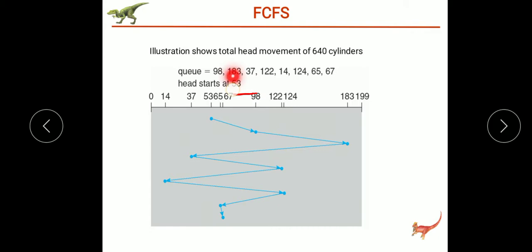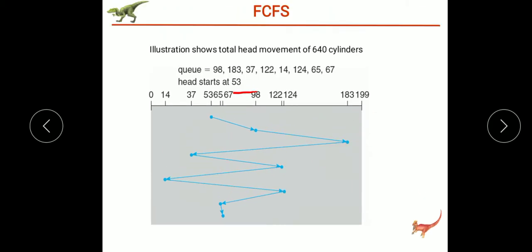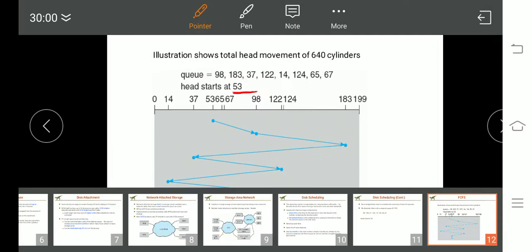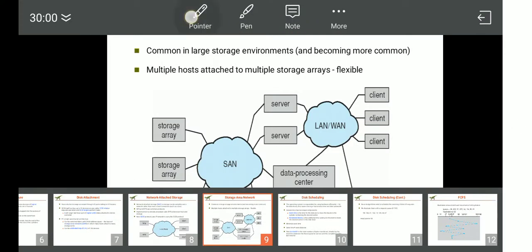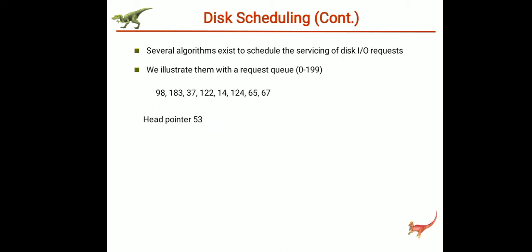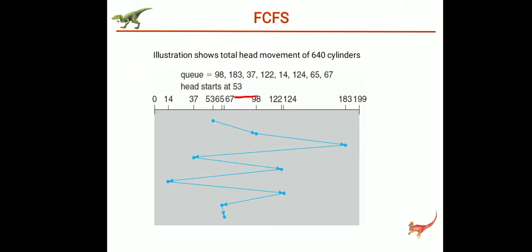From 183 the next request is 37, so the head will again move from 183 to 37. Then from 37 to 122, 122 to 14, 14 to 124, 124 to 65, and then 65 to 67.